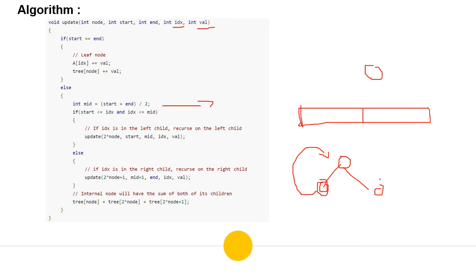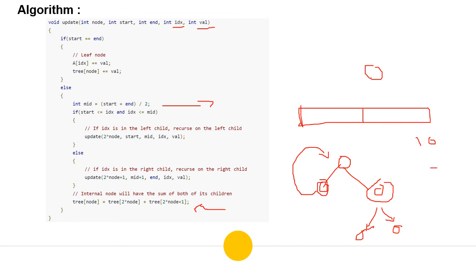If our index is present in the right node, then we'll do this update function in a recursive way, and we'll find the place where the element is present, and we change the elements in this, and by this line we change the values in it subsequently.